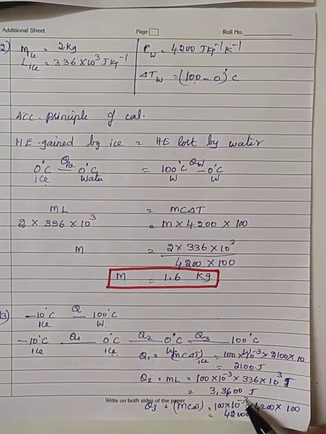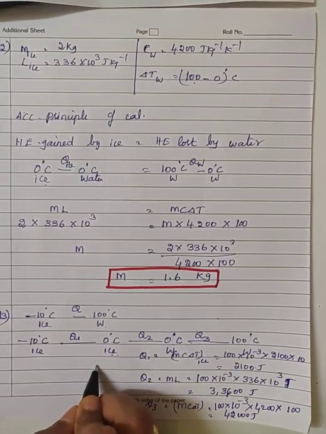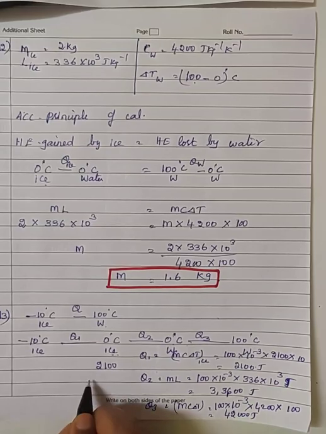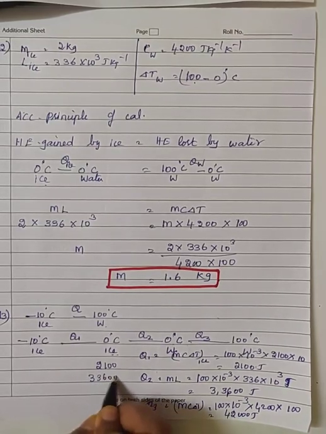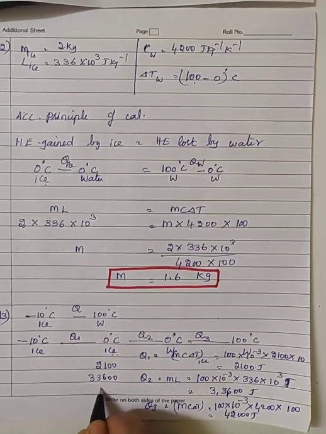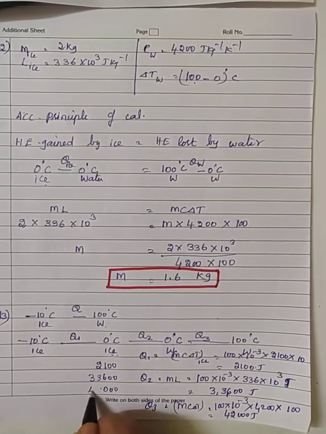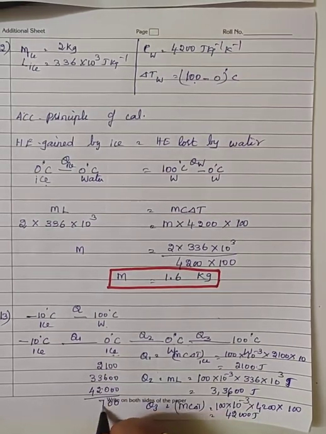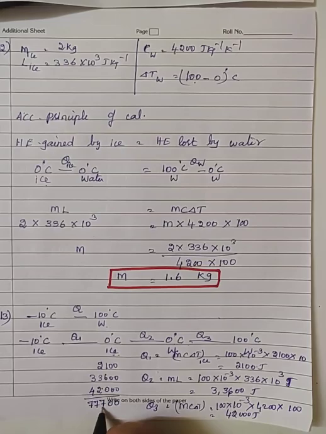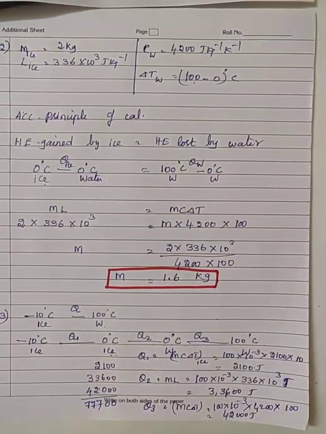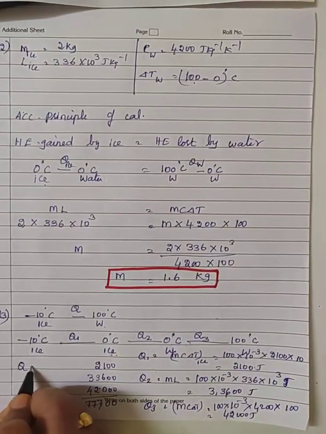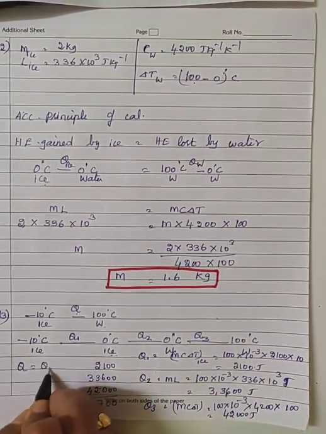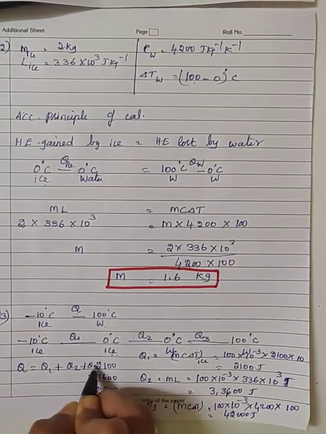Q1 is 2100 joules, Q2 is 33,600 joules, and Q3 is equal to 42,000 joules. On addition of all these, we will be getting 77,700 joule. That is the quantity of heat energy required for this process, equal to Q1 plus Q2 plus Q3.